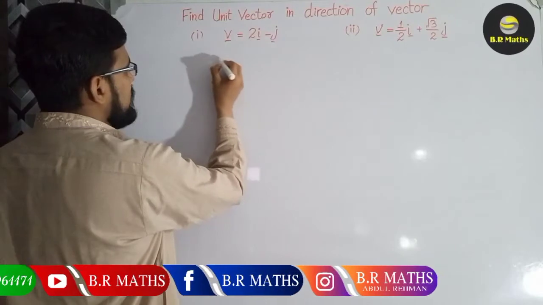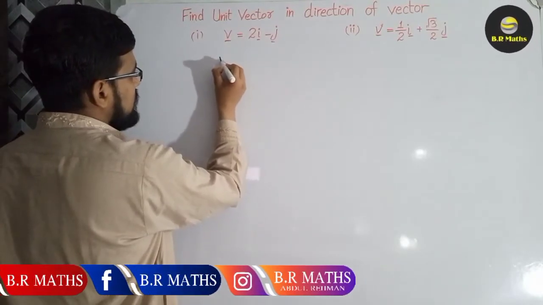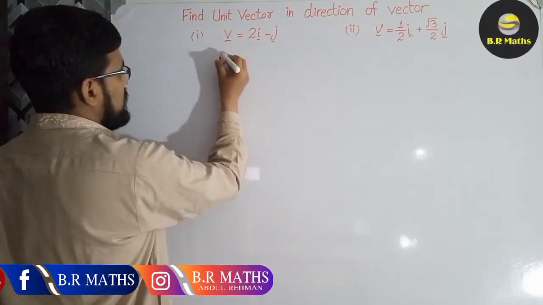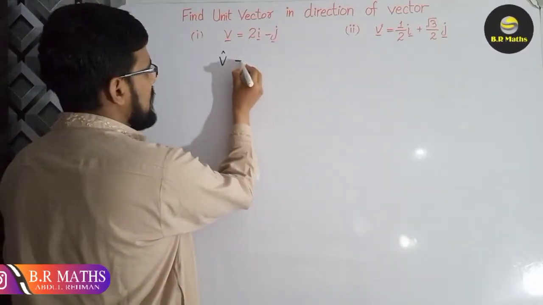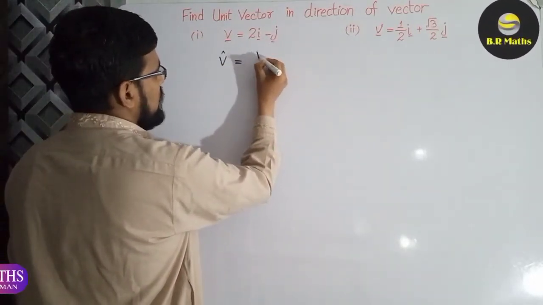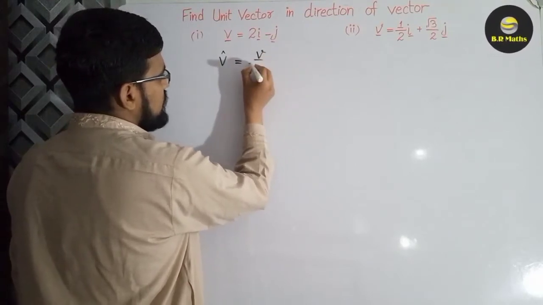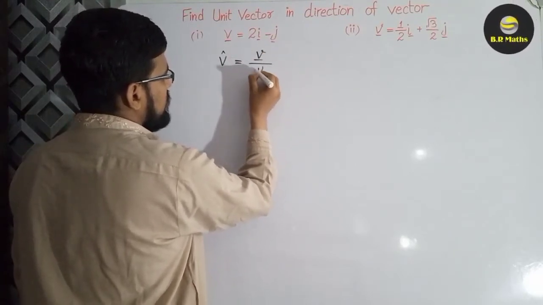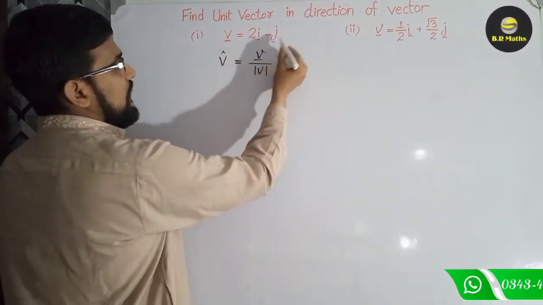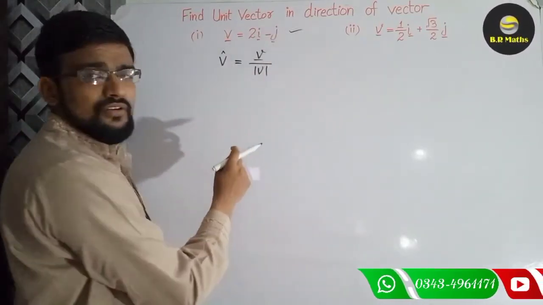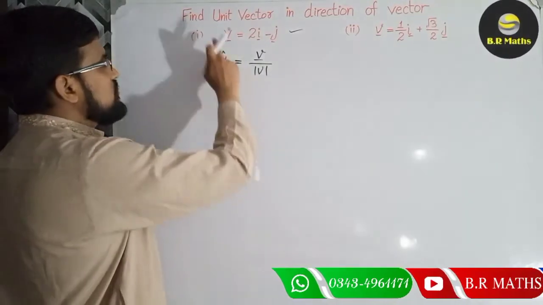The unit vector is this one. This is the symbol for the unit vector, which is equal to vector divided by magnitude. Okay, so the vector is given, this one, so we need the magnitude.